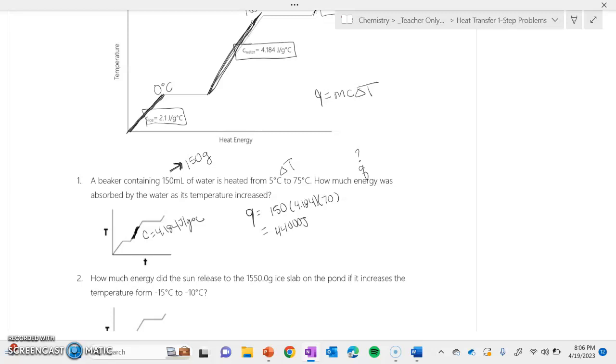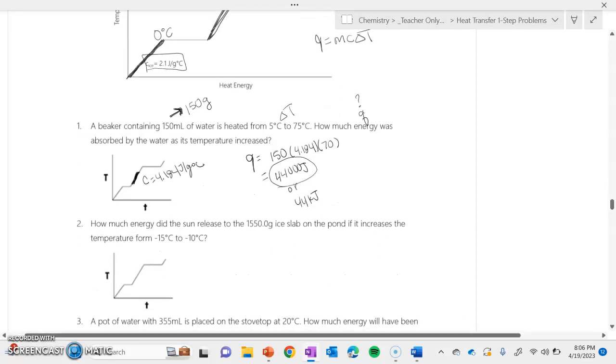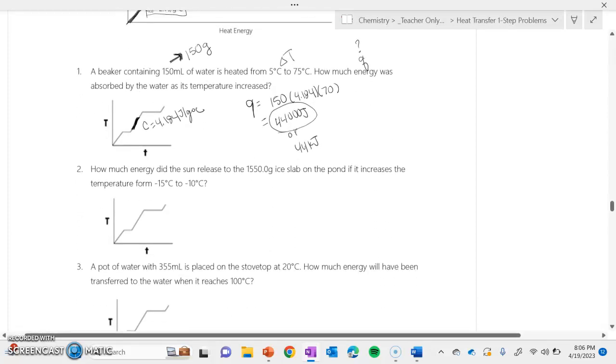Or you could also write this as 44 kilojoules, because remember, kilo is the metric prefix for 1,000. Both of these would work, but the actual answer you get from your calculator is 44,000. You can just change it with the units if you'd like to make it kilojoules. Just a reminder of how to convert between the two.